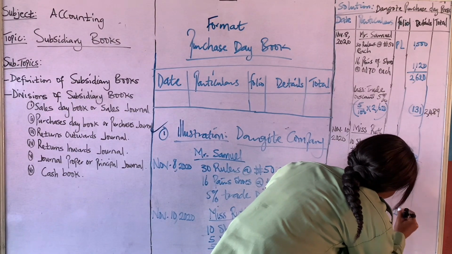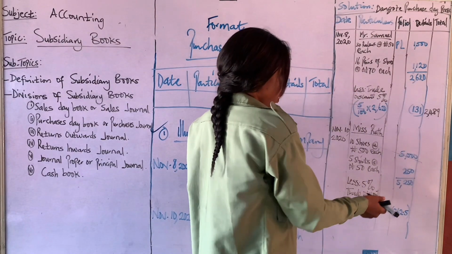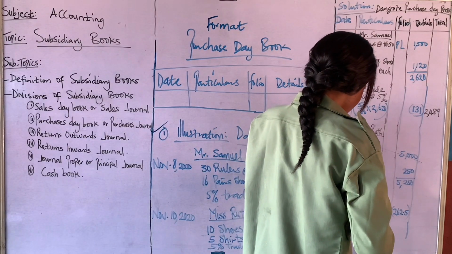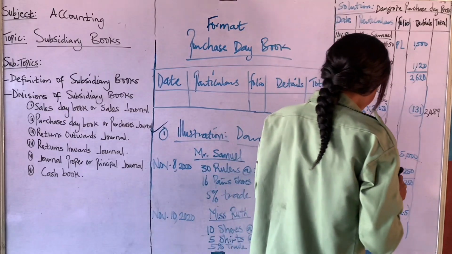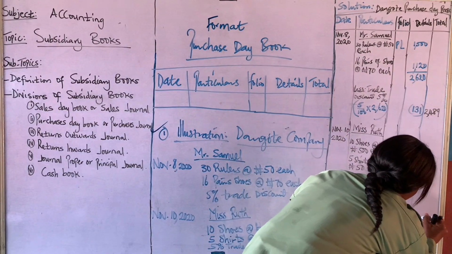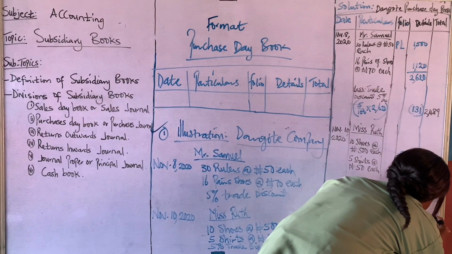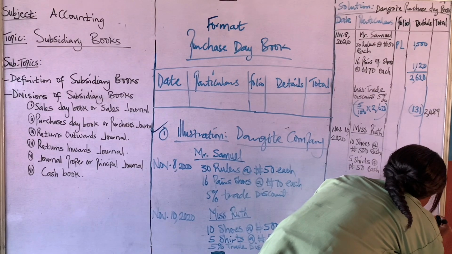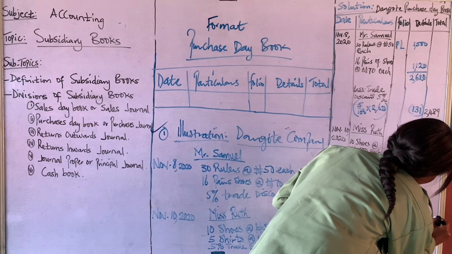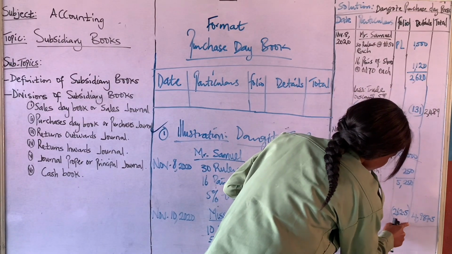Okay, so we are going to less this from the total price of the product. Let's say 5,250 minus 262 naira 0.50 kobo, and that gives you 4,987.5. Okay. So we are done with that one.